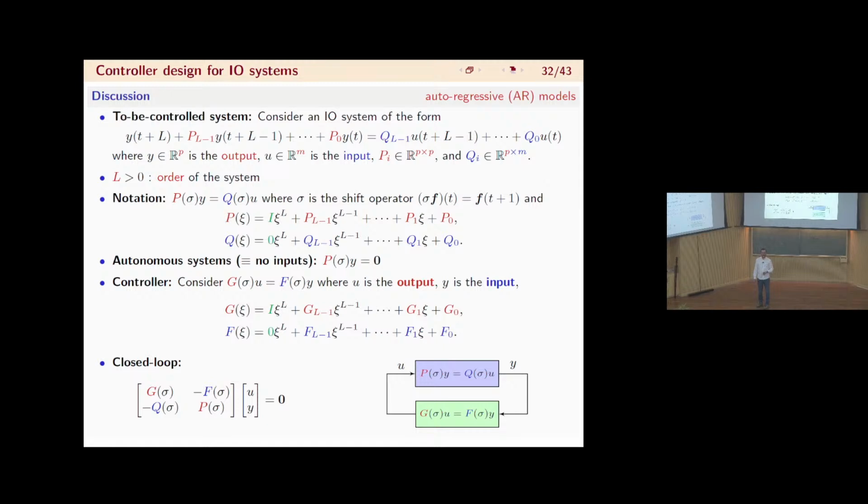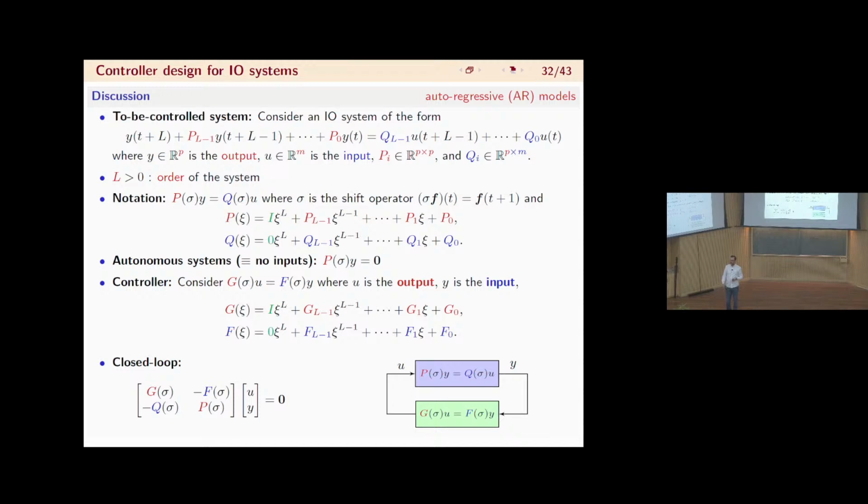Okay? What is the closed loop system? Closed loop system is going to be given by this autonomous system. Because this is going to be an autonomous system. There are no inputs anymore. And it is going to be given by this polynomial matrix.